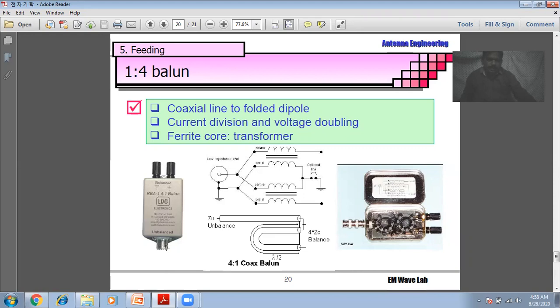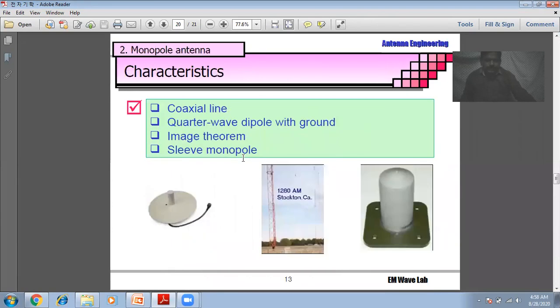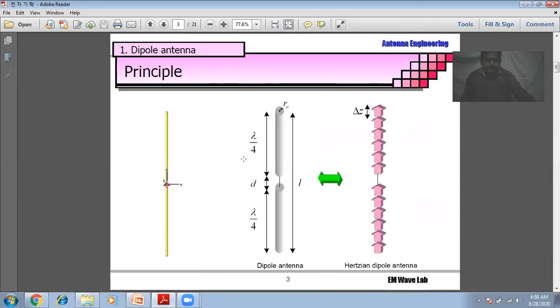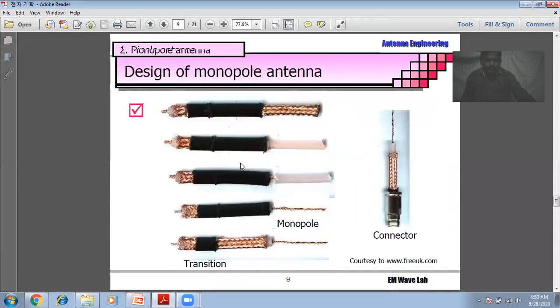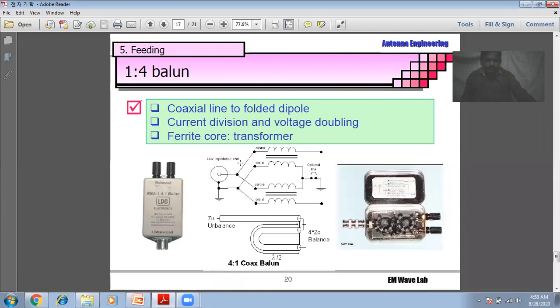That picture can also be seen in the slide. These two are connected to the center of the half-wave dipole and on this side we connect a coaxial cable. That will be seen in the coming slides.